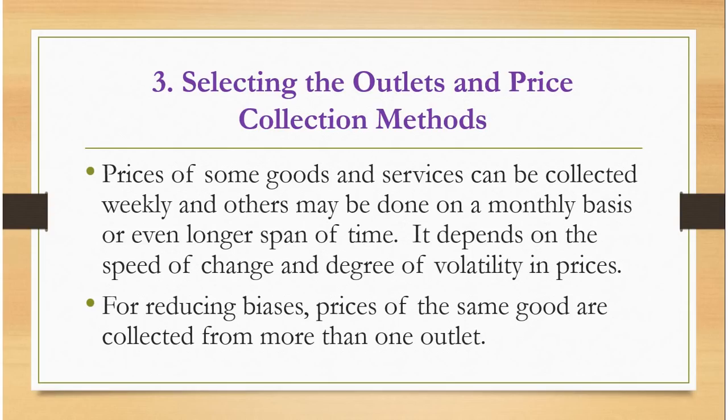So for example, prices of some goods or services can be collected on a weekly basis, a daily basis, a monthly basis, or even on a quarterly basis. It all depends on the speed of change and degree of volatility in price of those goods and services. And another important thing is that for reducing biases, prices of the same good are collected from more than one outlet.